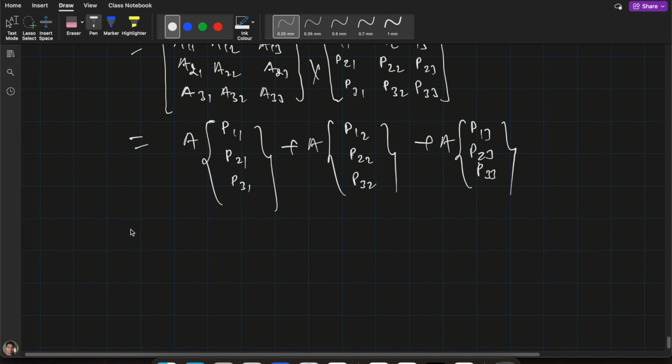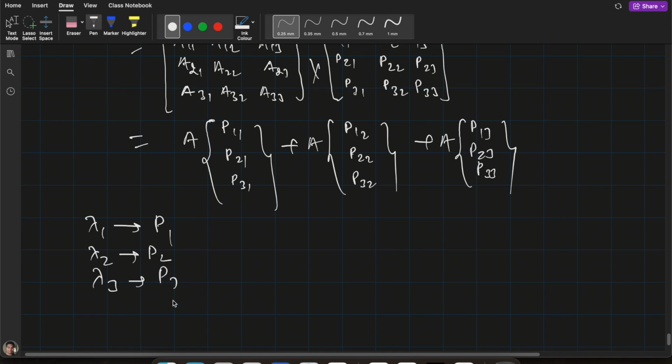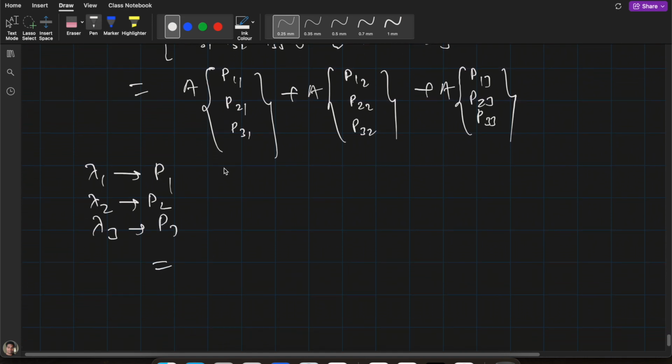Now, suppose there exists eigenvalue lambda 1 corresponding to this vector, and suppose lambda 2 exists for the corresponding vector, and lambda 3 exists for this vector. So can I write it like this? This one is A x, this one is lambda 1 x.